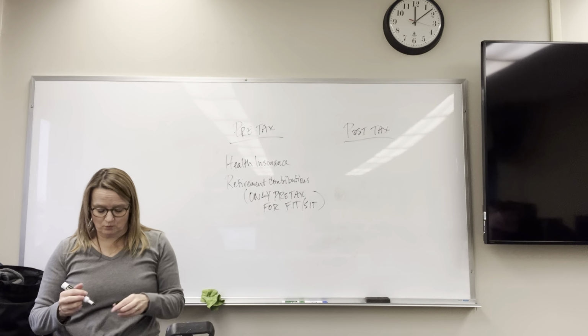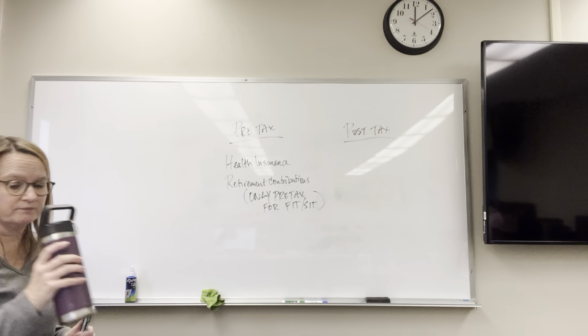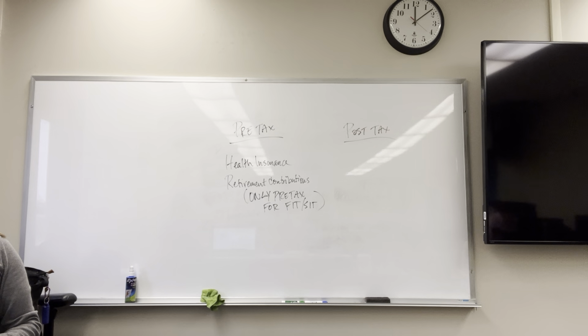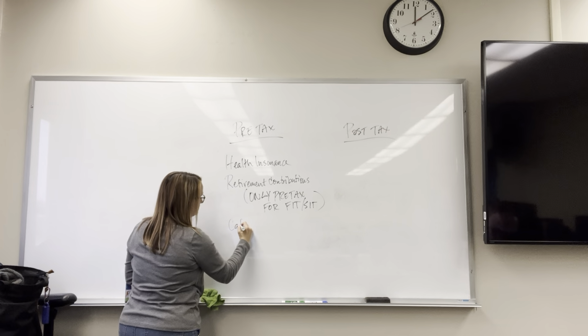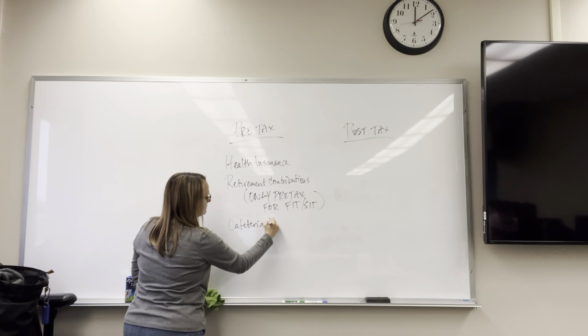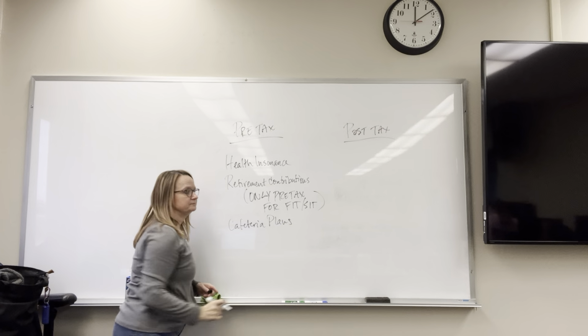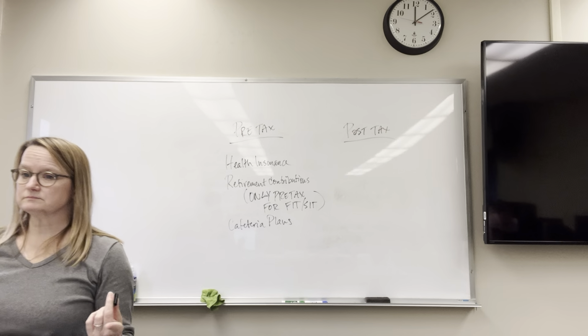Anybody else have any, what else would you add to those lists? Other types of pre-tax deductions? You can look at your book if you want. Cafeteria plans, right? Which might include the health insurance. Those are pre-tax.